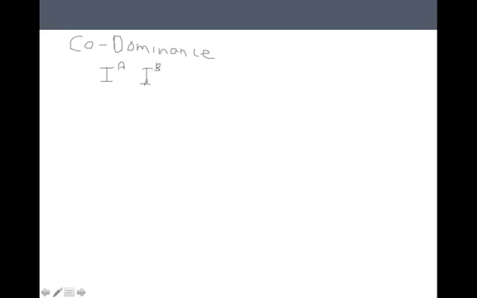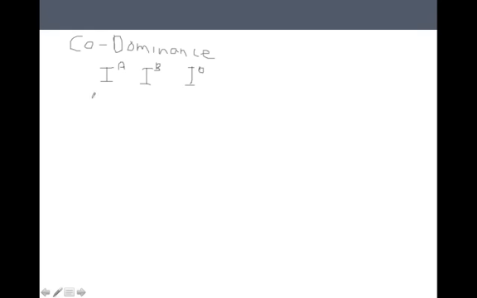We're going to focus on these two first, but there's also another allele. What we're going to call it is the O allele. Sometimes you'll see it referred to as a little i, but most people are used to the term O. All right, but let's just look at A and B.